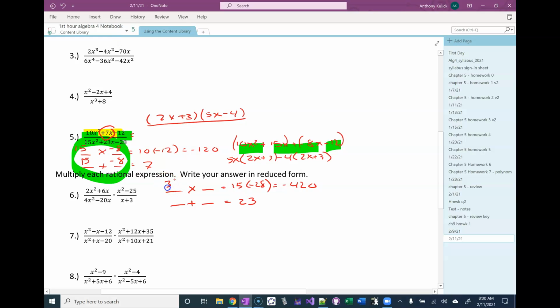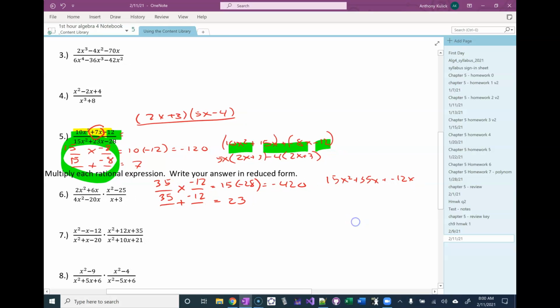So I think 35 and negative 12 will be the two numbers that I need there. So again, I'll do the same thing. 15x squared plus 35x minus 12x minus 28. And for the greatest common factor there, I can take out a 5x.